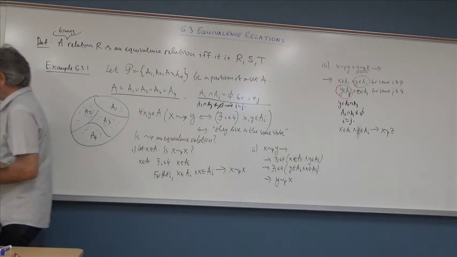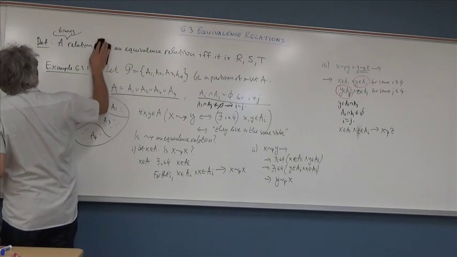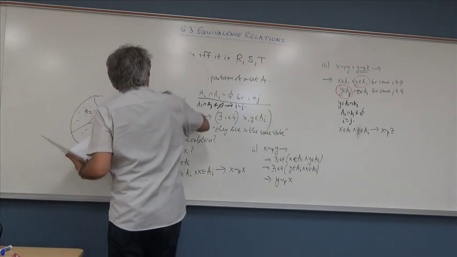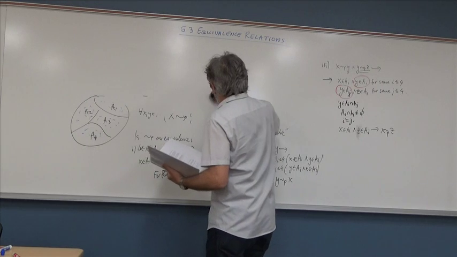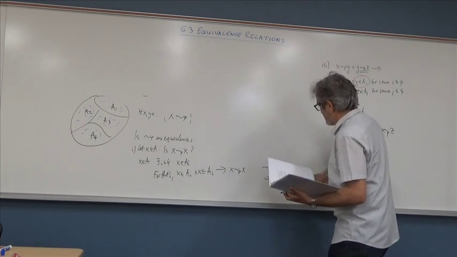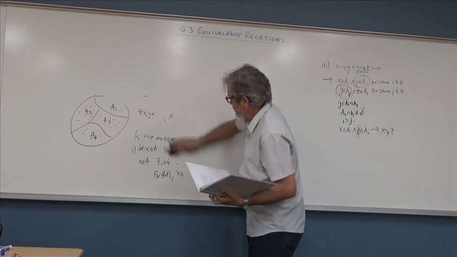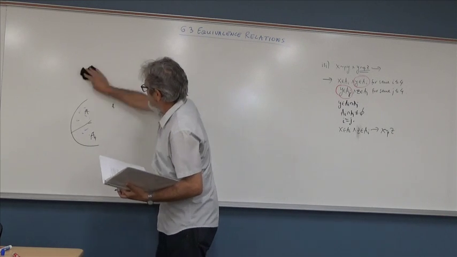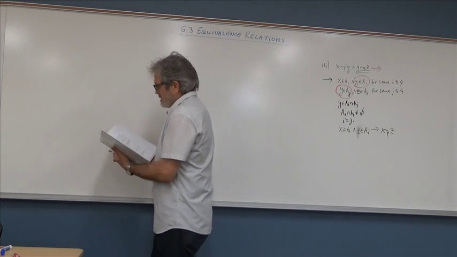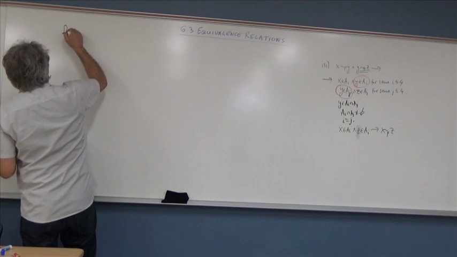So definition. So now we will start with an equivalence relation and build a partition. Here we started with a partition and built an equivalence relation. So here it is, definition 6.3.1.